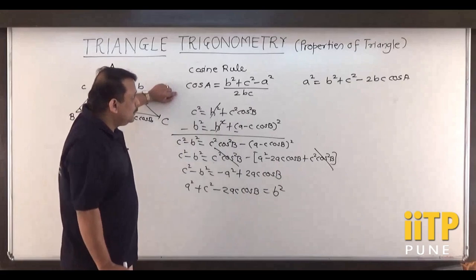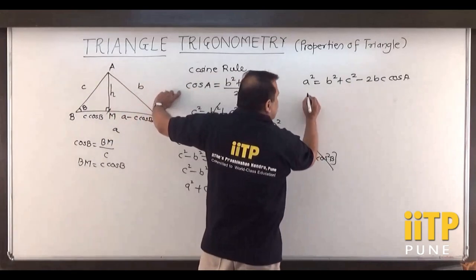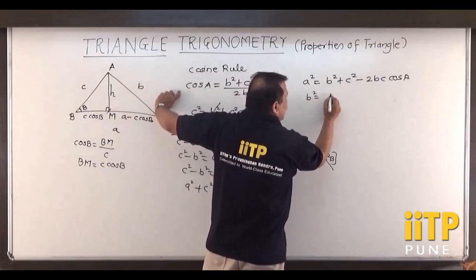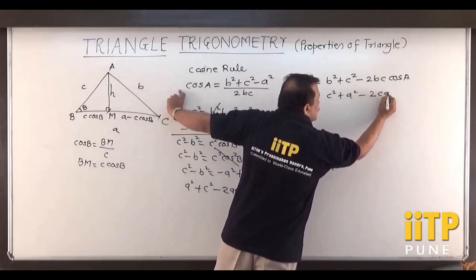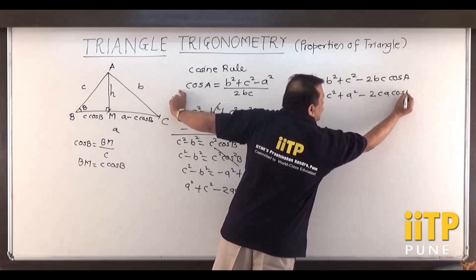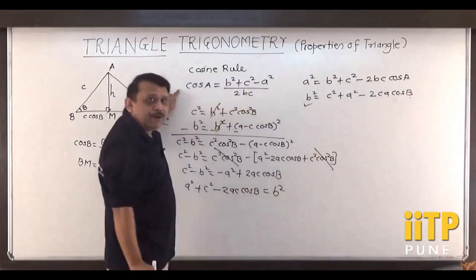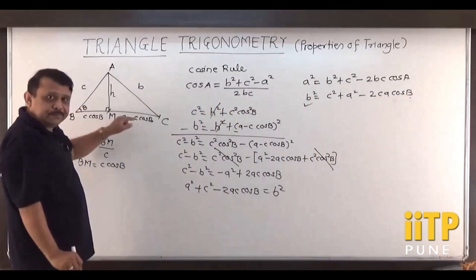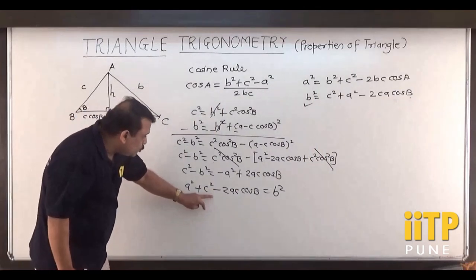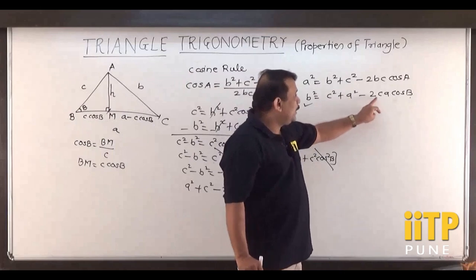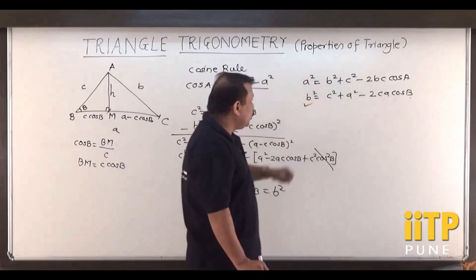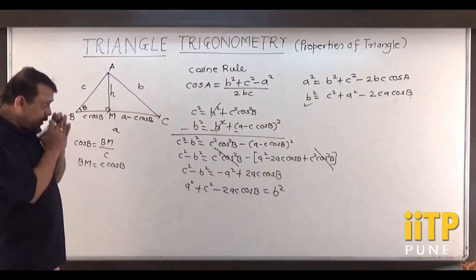The result that I quoted earlier was b square is equal to c square plus a square minus twice ca cos B. This result I have proved using this. So a square plus c square minus twice ac cos B is equal to b square. This result is being established.